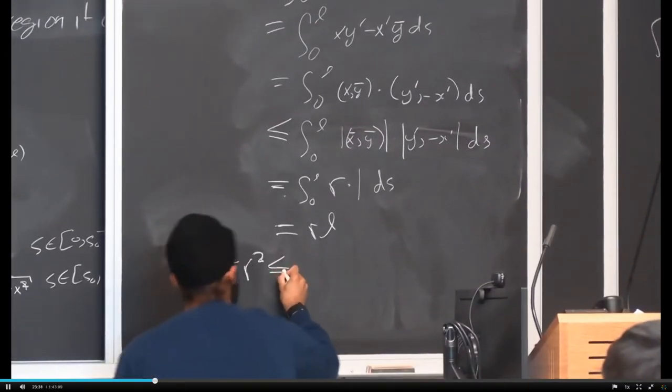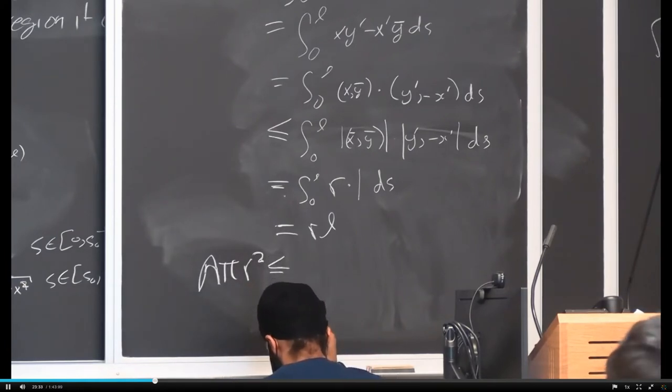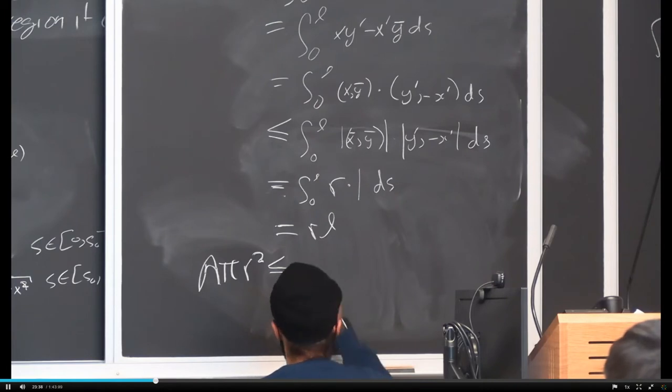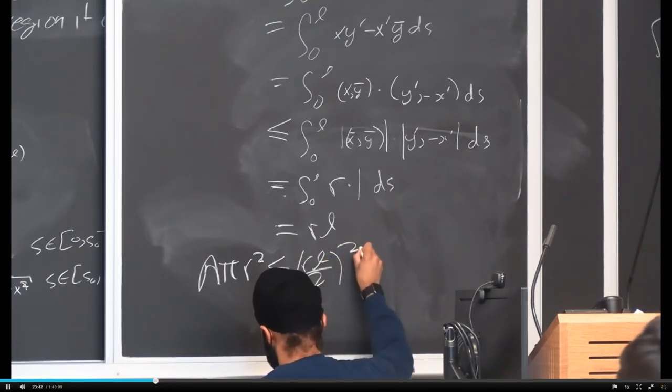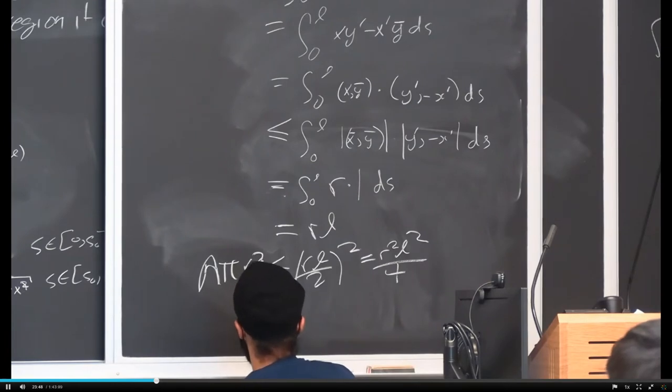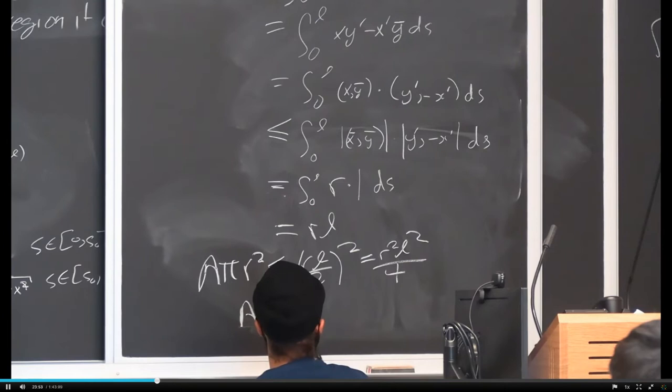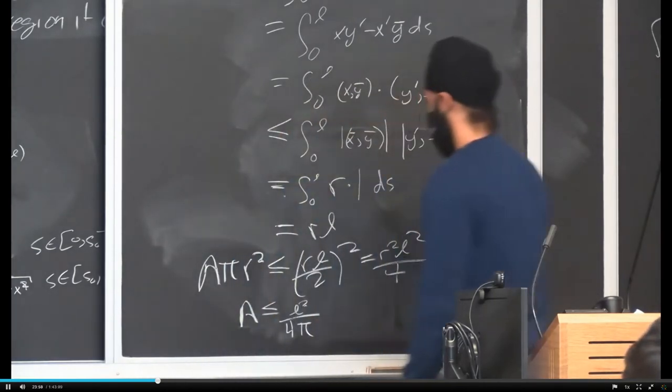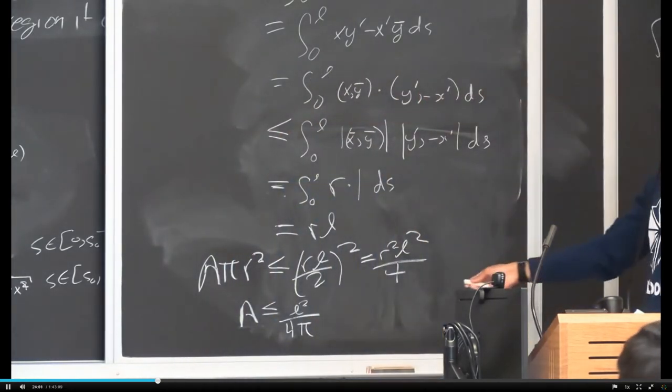So it's going to give us RL over 2 squared, which is going to be r squared L squared over 4. And finally, we see that A is less than or equal to L squared over 4 pi. So that finishes part 1 of our proof.